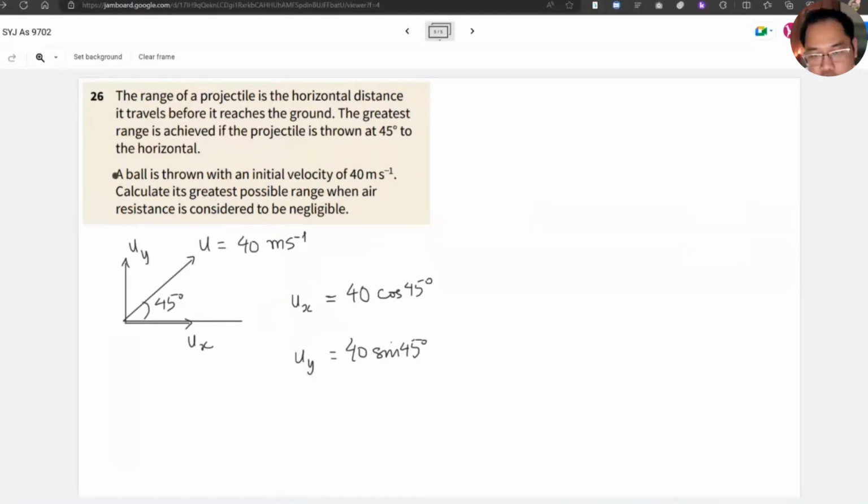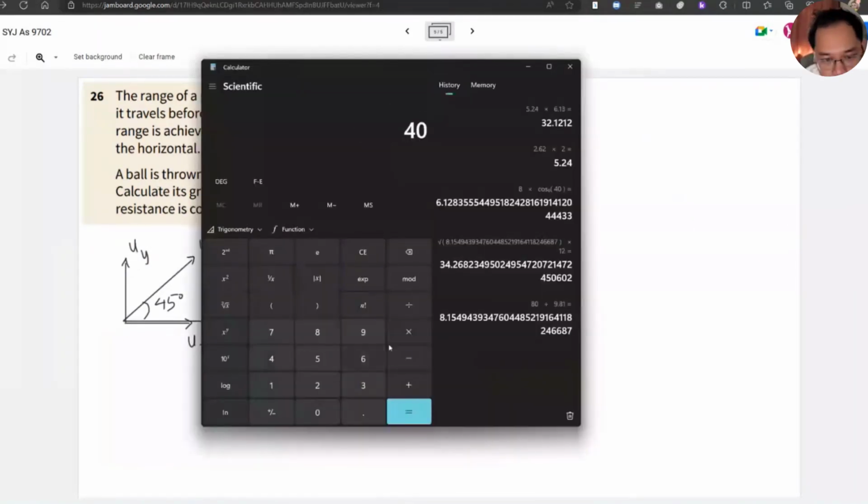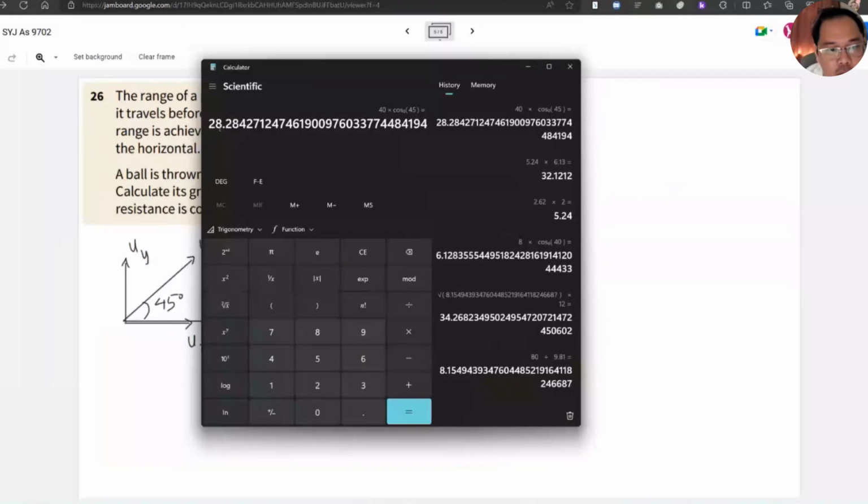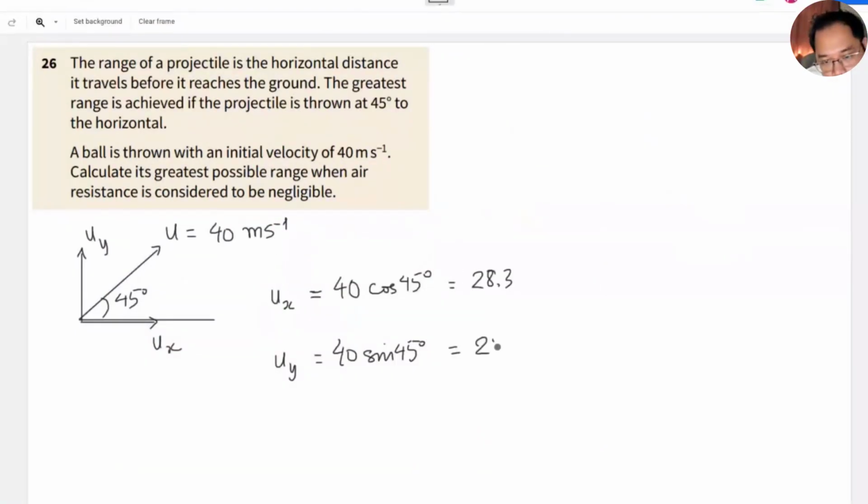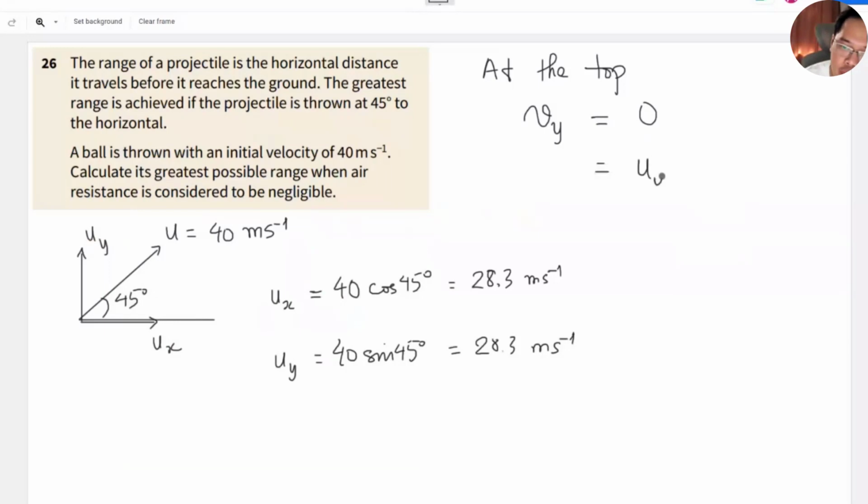Sine 45 and cosine 45 are the same value, so the two components are 28.3 meters per second.